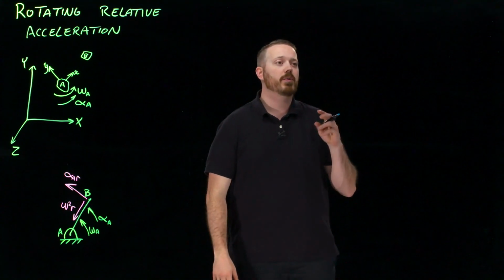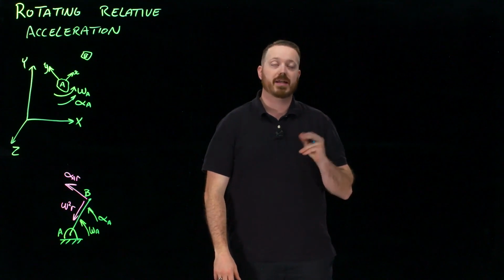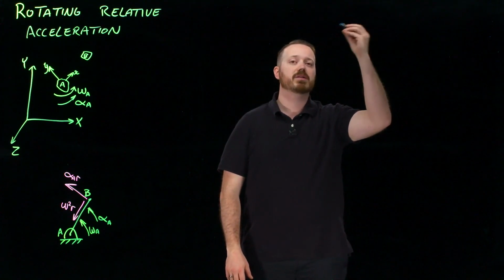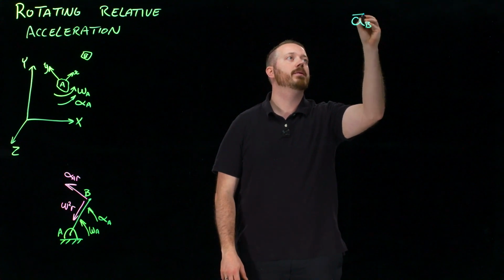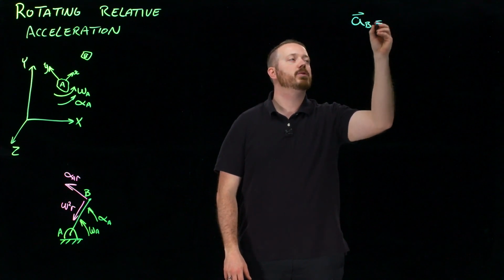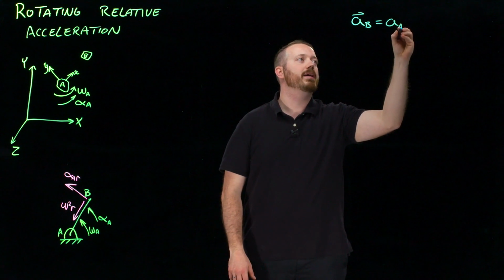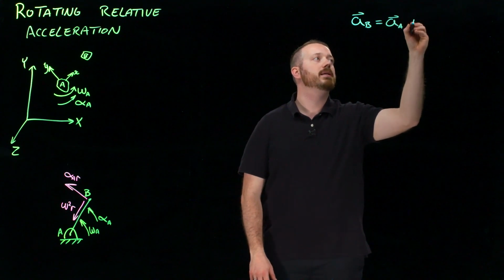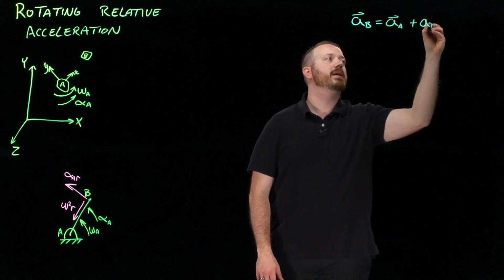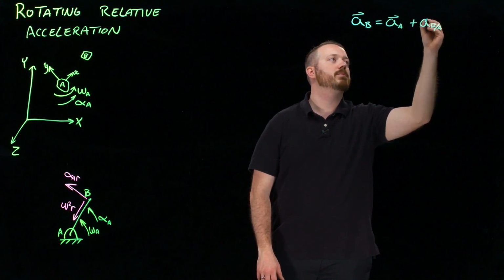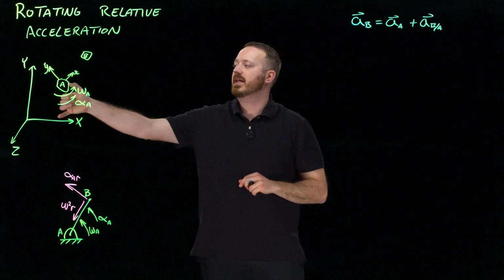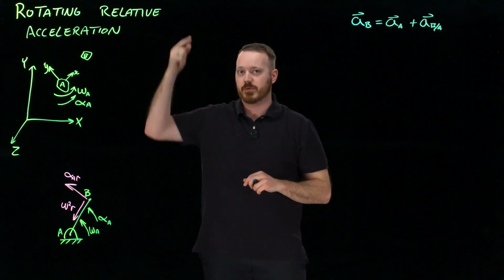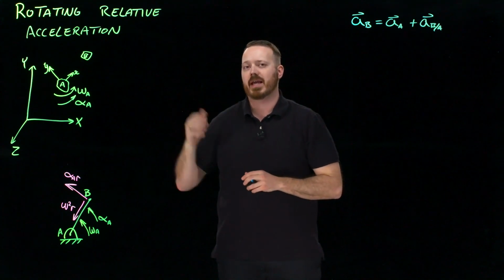Recall that for objects that weren't rotating, the relative acceleration equation was: the acceleration of B as a vector is equivalent to the acceleration of A plus the acceleration of B from A's perspective. That's still true. A is accelerating and B is accelerating, and if we know A's acceleration and the difference between the two, we can figure out how much B is accelerating.